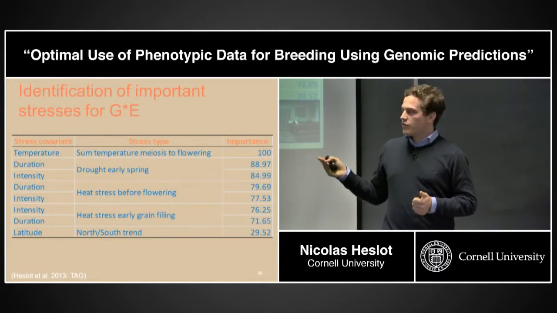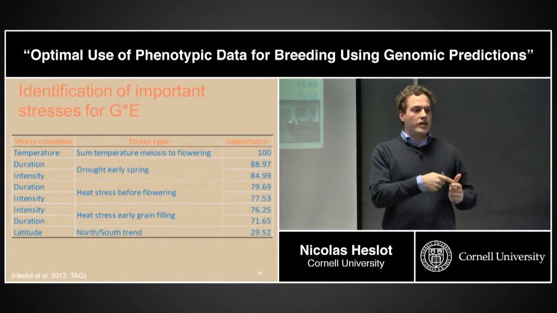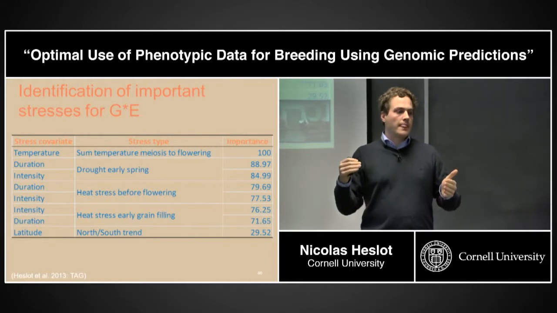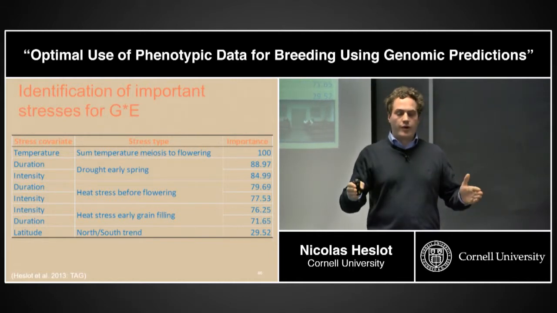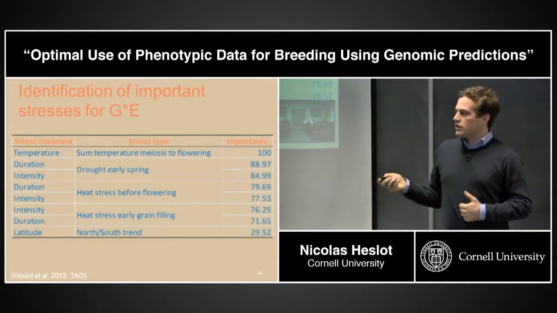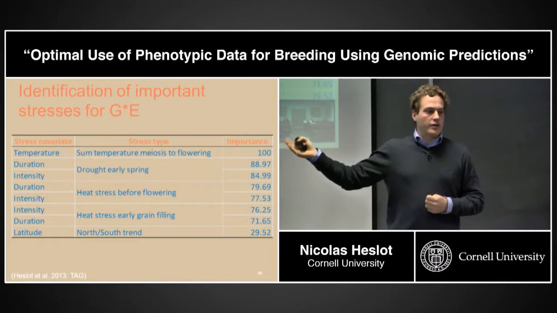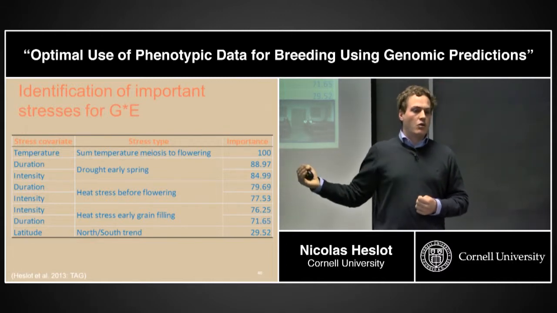For each stress, we had two covariates, one covariate for the frequency, that is how many days, for example, you have a drought stress, and also intensity, that is what's the magnitude of that drought stress when it occurs, accumulated over the period. So it's quite interesting. And it's also a warning in the sense that we don't find terminal stress, when we expect terminal stress to be somewhat important, at least once in a while.